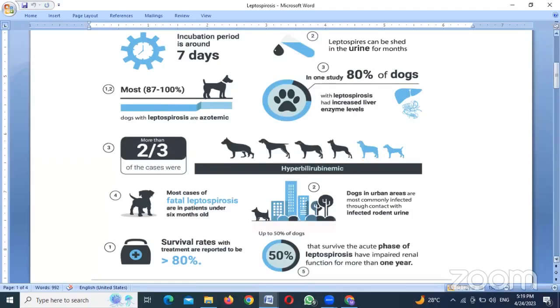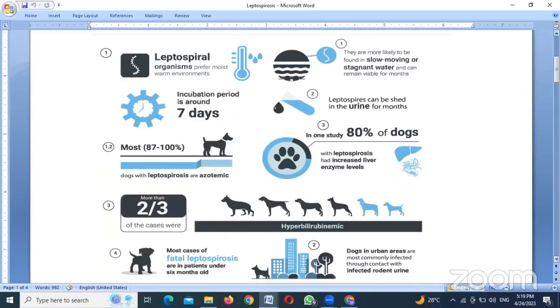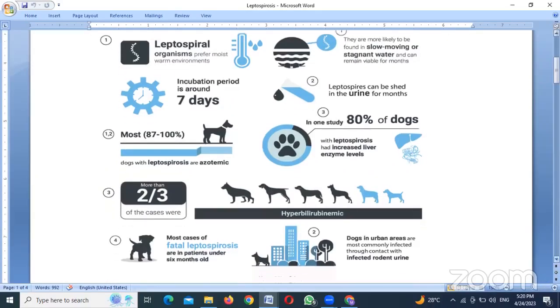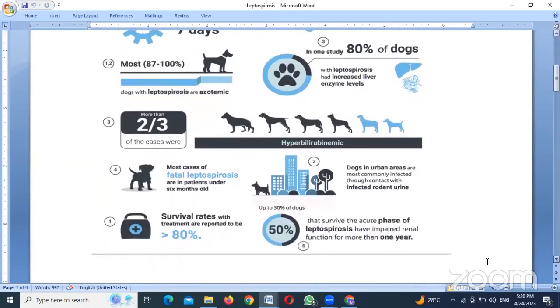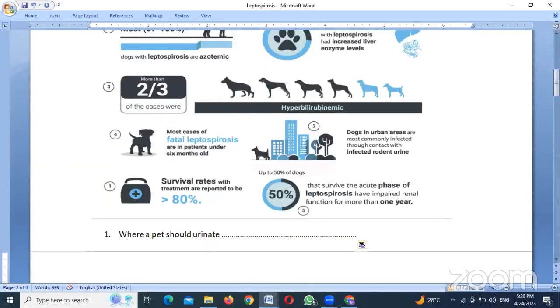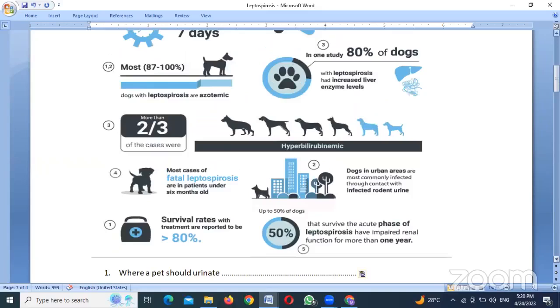Dogs in urban areas are most commonly infected through contact with infected rodent urine. Okay. So the question is where a pet should urinate. Rodents are not pets.